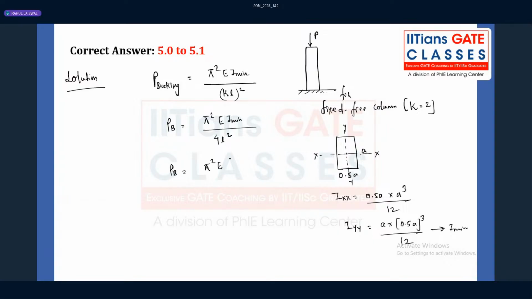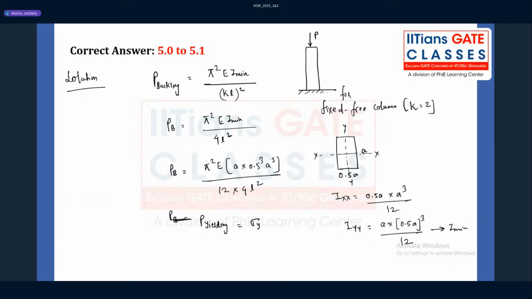Pi square E, I minimum is IYY, which I am writing as A into 0.5 A cube by 12, by 4 L square. Then further, this buckling load needs to be equated to the load which is required for yielding.